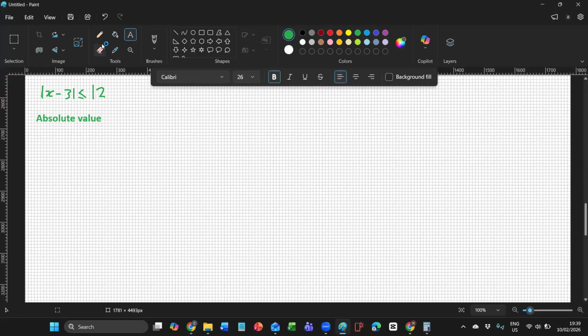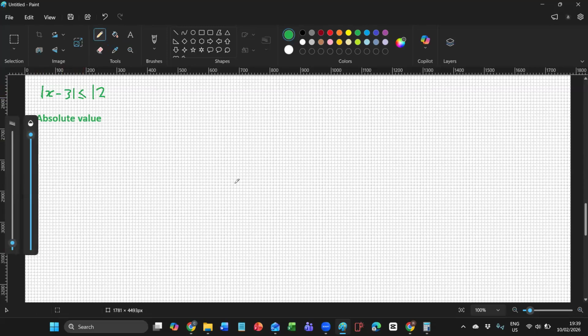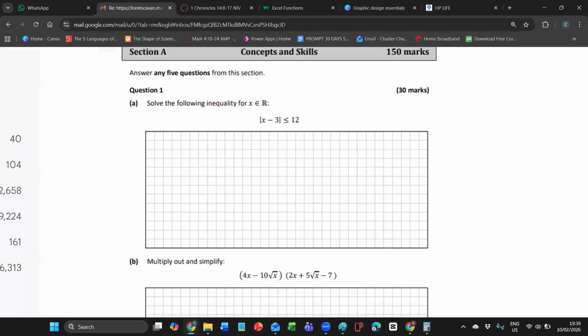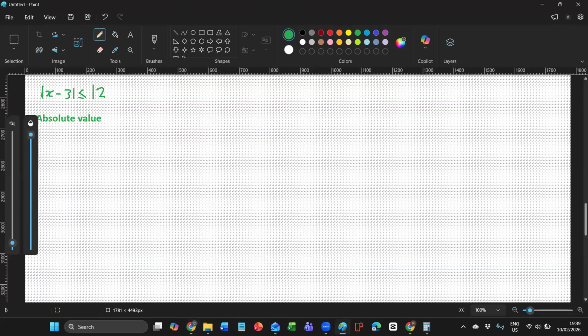So in this case, what were we supposed to do again? Solve the following inequality for x, an element of the real numbers. So how do we solve something like this? We're going to take the bars down, and then this inequality will be rewritten.